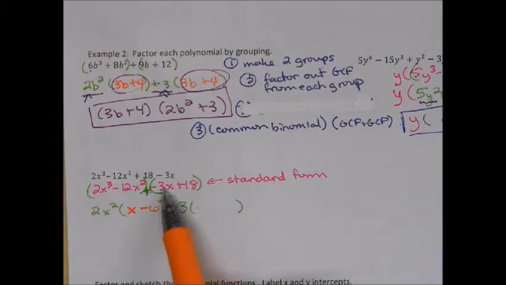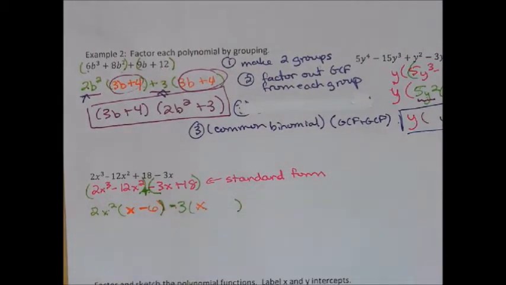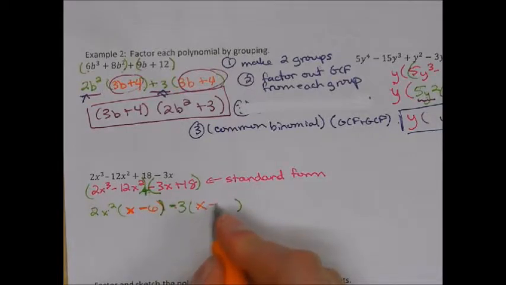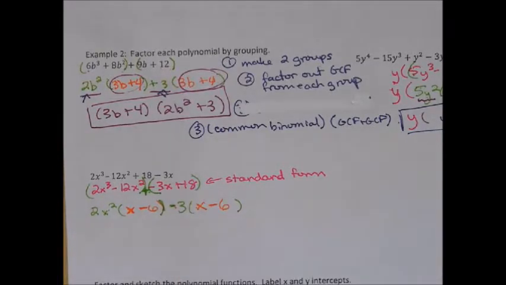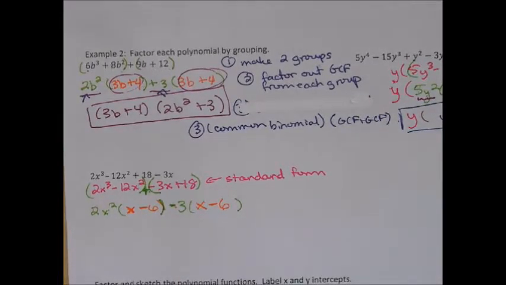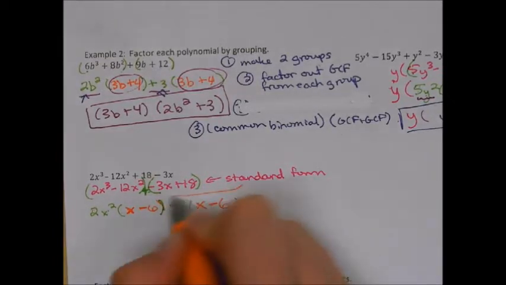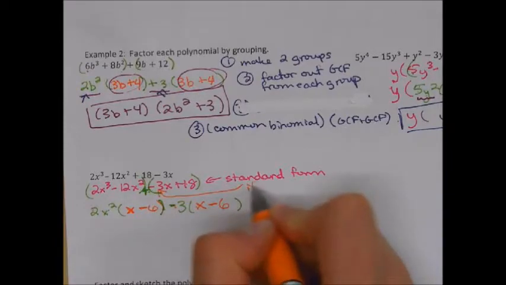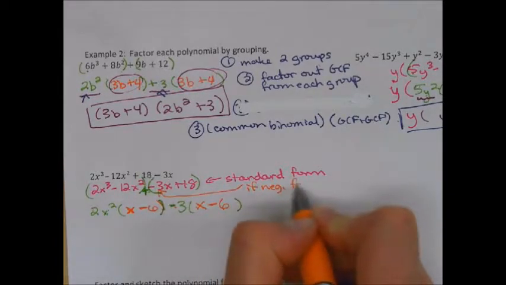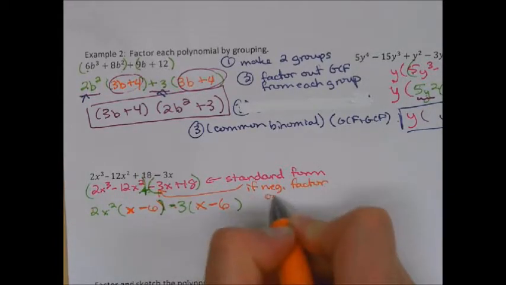Negative 3 times positive x gives me a negative 3x. Negative 3 times negative 6 gives me a positive 18. So in order to get these to be the same, I factored out a negative 3. So if this is negative, factor out a negative.